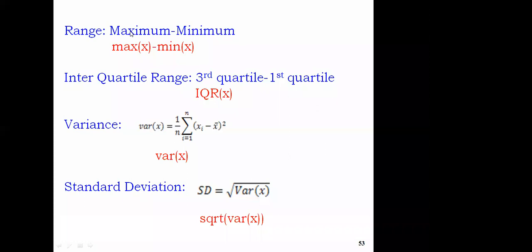Range in R is max(x) minus min(x); for this example you write marks, maximum marks, then minimum marks. Interquartile range is the third quartile minus the first quartile, IQR(x). Variance is 1 by n, summation of (xi minus x bar) whole squared, var(x). Standard deviation is the square root of the variance.